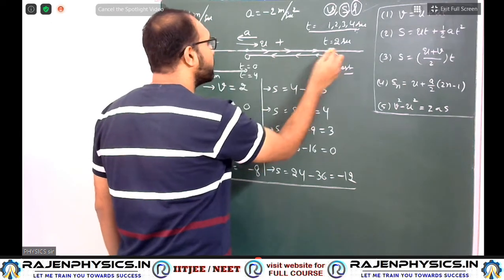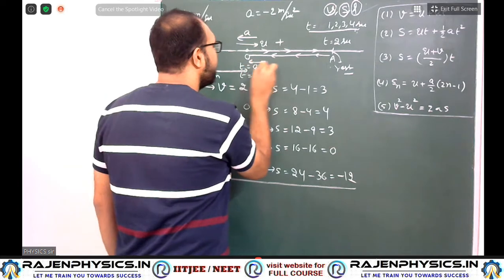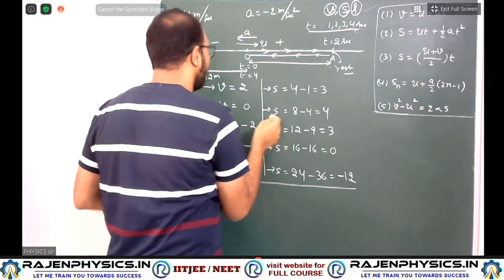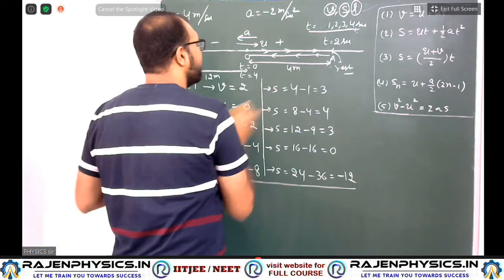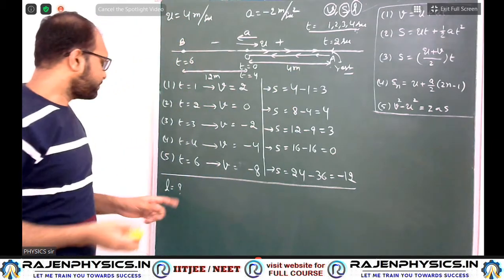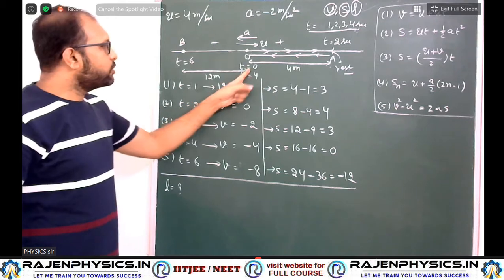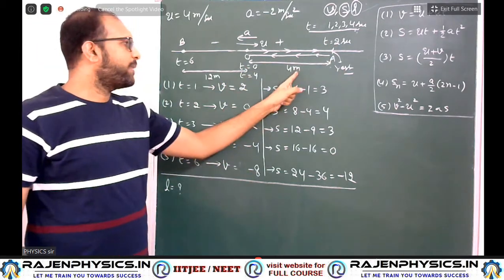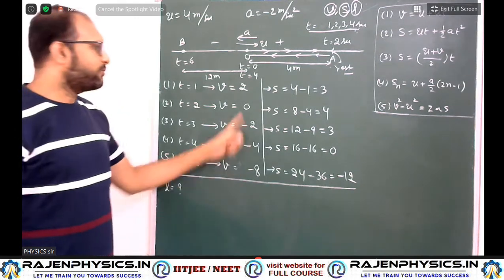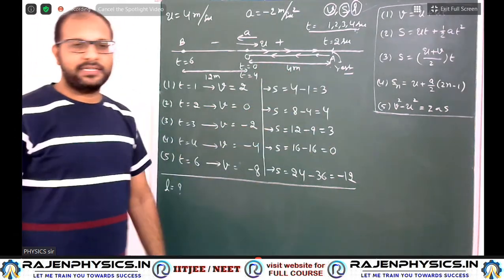That's why, from here to here, this length we already know, that is 4 meters. So t equal to 0 to t equal to 2, distance is 4 meters. But of course displacement is also 4 meters.